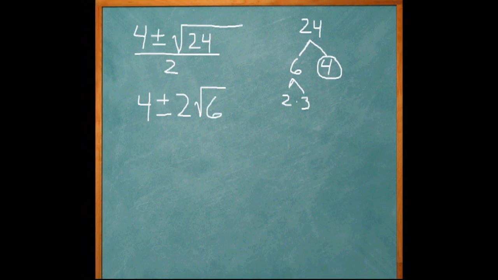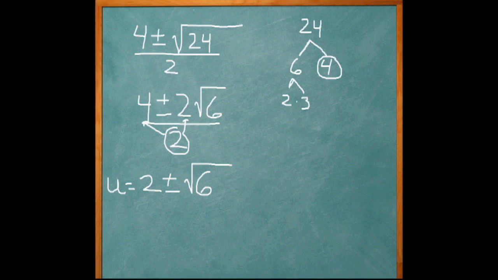And what we have left is the 2 times 3, or 6, so 6 stays in, all over 2. Now I can reduce this. The 2 here can go into the 2 here, into the 4 there. 2 goes into 4 2 times. 2 goes into 2 1 time. You don't have to write the 1. So we say 2 plus or minus the square root of 6. Now this is what u is equal to.